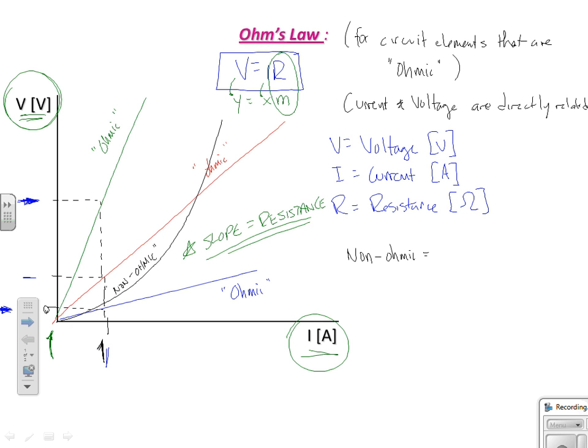If you notice, the slope of that thing keeps changing. So non-ohmic things have non-constant resistances. Ohmic devices have constant resistances. That's the big difference. Almost everything we deal with in problem solving will be of that variety, ohmic, where resistance always stays the same.